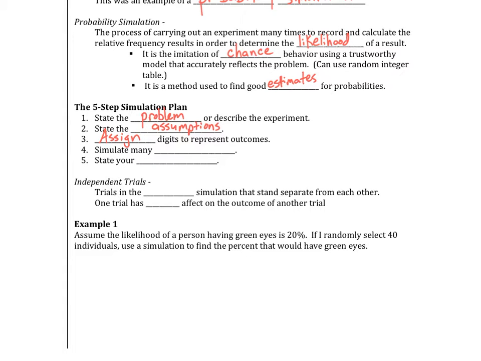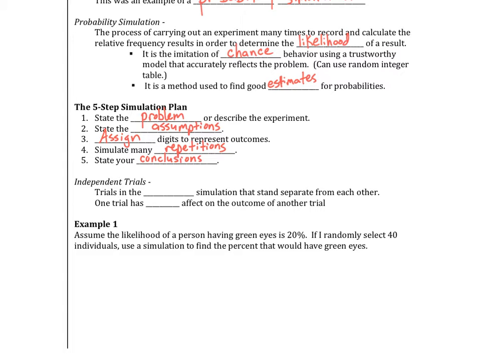Step 4 is simulate many repetitions. And step 5 is state your conclusions. So we'll follow those 5 steps.